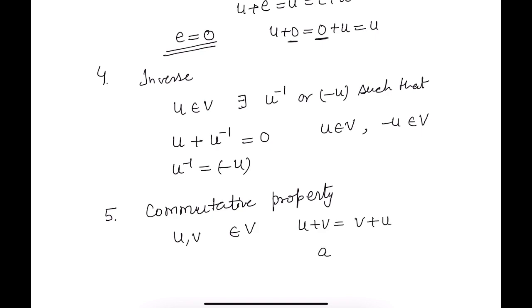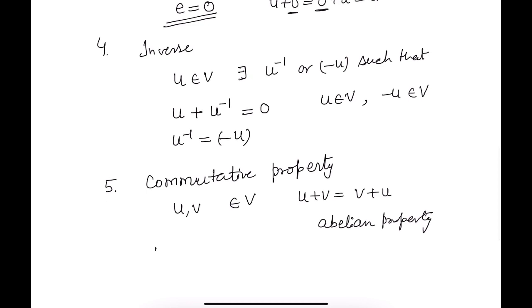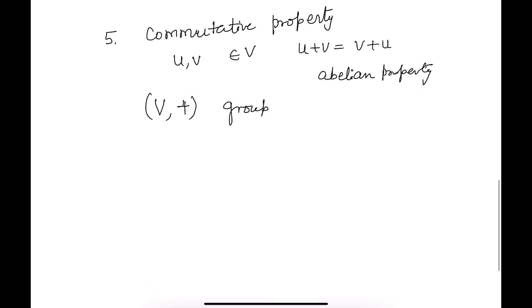This property is also called the abelian property. So the commutative property holds in v with respect to the operation vector addition. So v with respect to this operation, addition or vector addition, forms a group. These 5 properties give the group structure of v. It means (v, +) is a group.